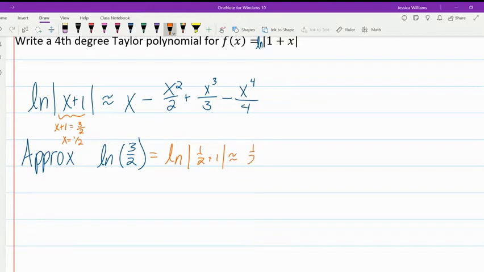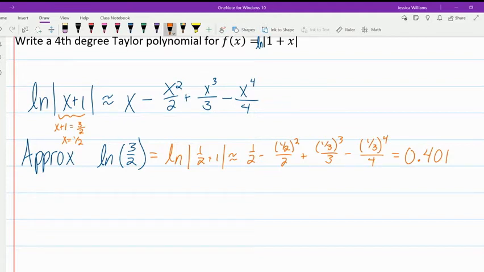So we get 1/2 minus 1/2 squared over 2, 1/2 cubed over 3, etc. All the way. And this would be a pretty good approximation for the natural log of 3/2. If I type this into my calculator very carefully, I get 0.401. Okay, that was fun.